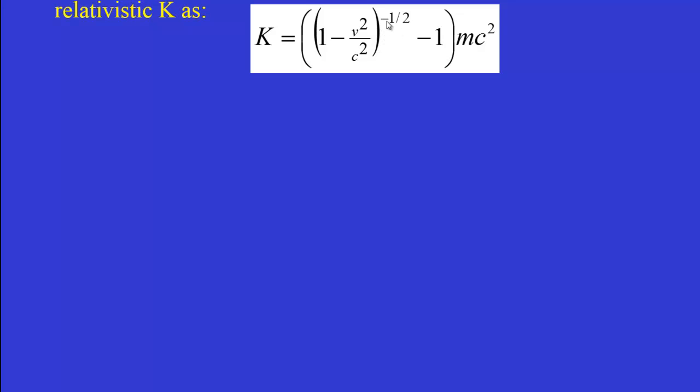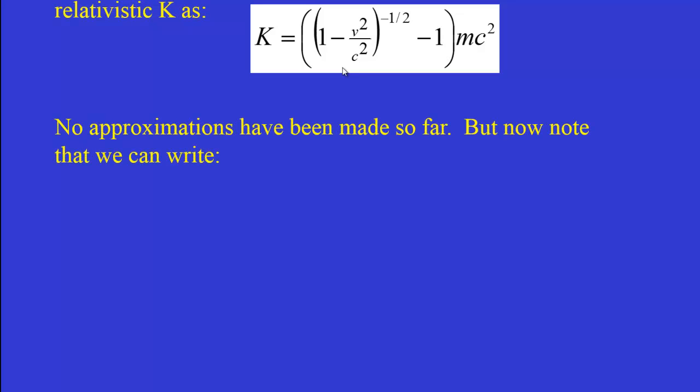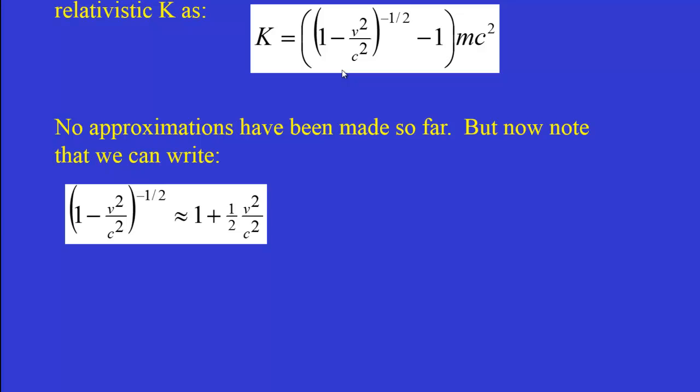And the negative sign is there because this quantity was in the denominator. All right, so this then gives us an equivalent expression where we haven't made any approximations yet, but now it's in a form where we can see how to use the Taylor series expansion for the binomial expansion.